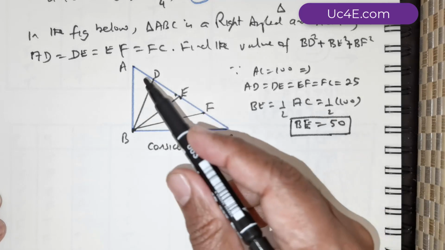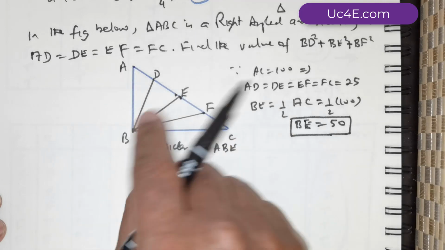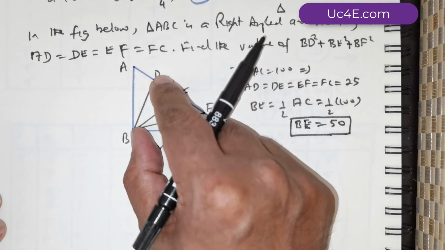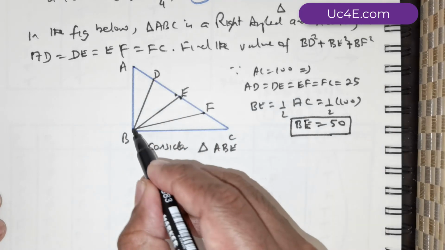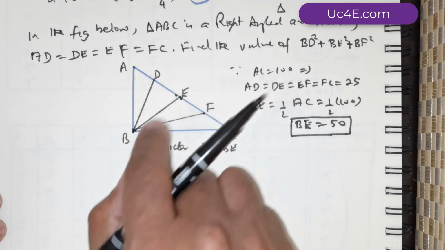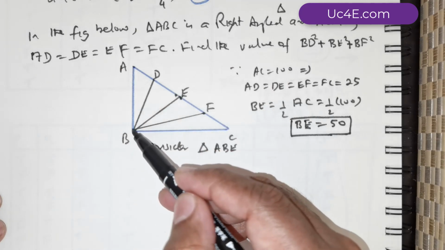So if I consider triangle ABE, this is the part I'm considering. BD is the median. So just ignore the other parts. This is the triangle that we are left with, and there is a median flowing from B.